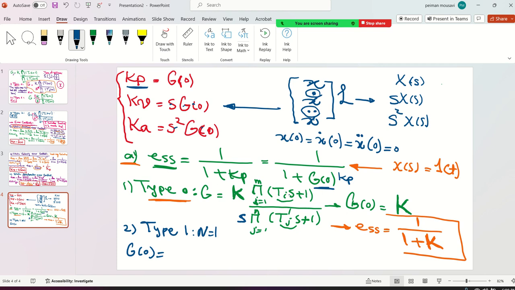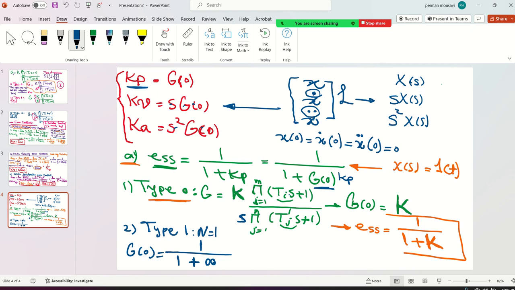This is 0, 0, 1, 1. K divided by 0 is how much? K divided by 0 is infinity. Right? You get it?